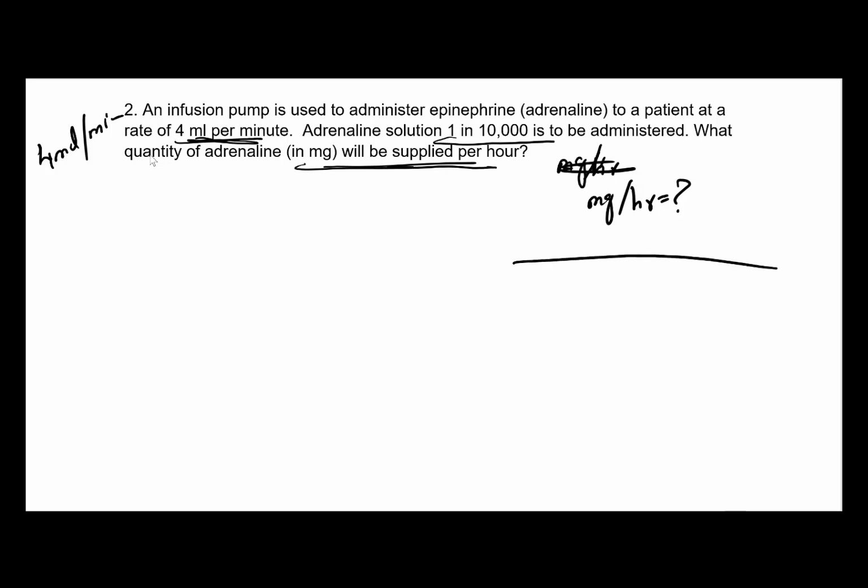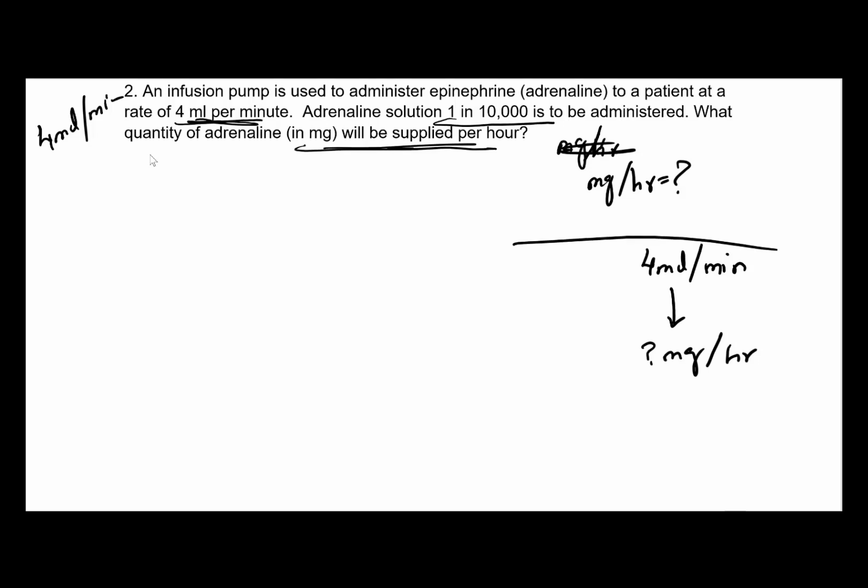So basically I'm trying to convert 4 mils per minute into how many milligrams per hour. How can we do that? First of all, I need to find out how many milligrams are present in how many mils. Where do I get that information from?